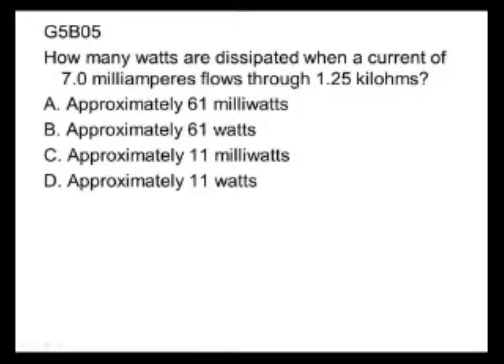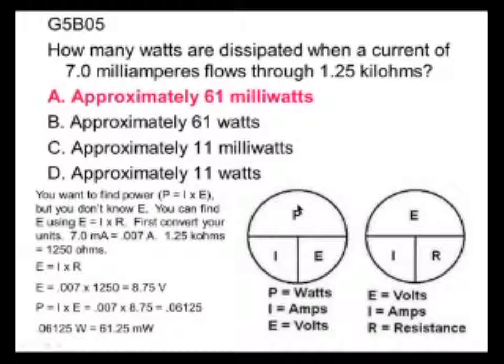How many watts are dissipated when a current of 7 milliamperes flows through 1.25 kiloohms? Okay, well, that's cool. What do those words mean? Let's take a look here. You want to know the power, but you don't know the voltage. You can find the voltage using this formula here, E equals I times R, but before you can do that, you have to convert the units because they've given them to you in milliamperes instead of amperes and kiloohms instead of ohms.